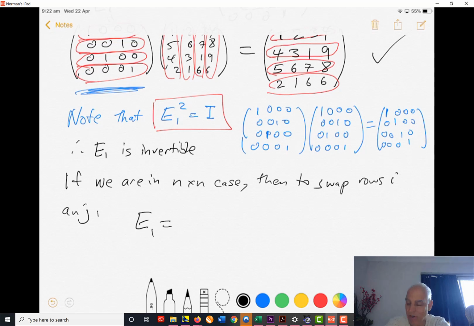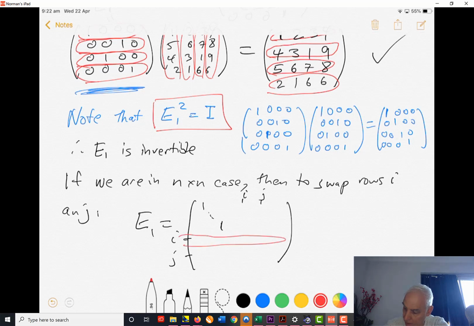It's a little bit more challenging to write it down. So there's ones along the diagonal, until you get to the Ith and Jth rows and columns. Maybe I would be up here and J would be here. So these are the Ith row and Jth row and the Ith column and the Jth column.